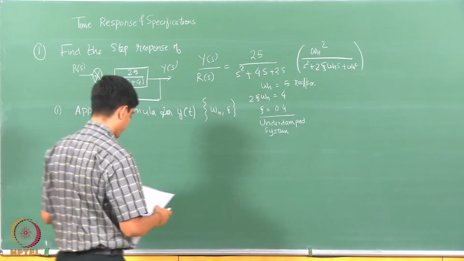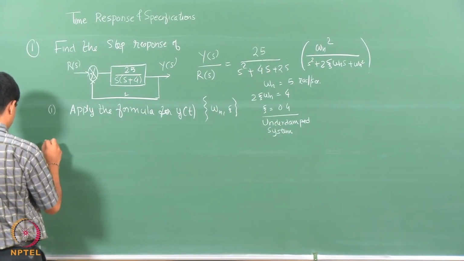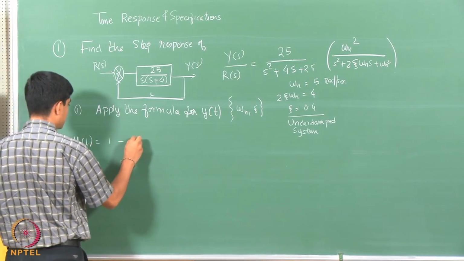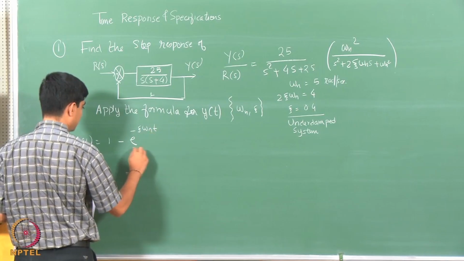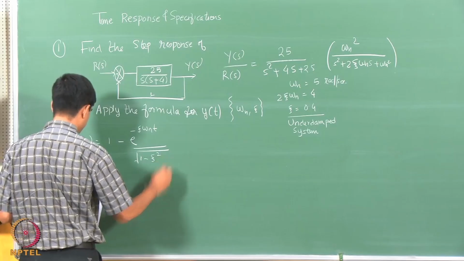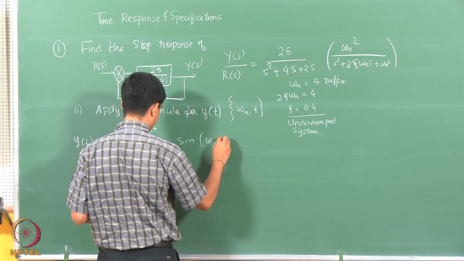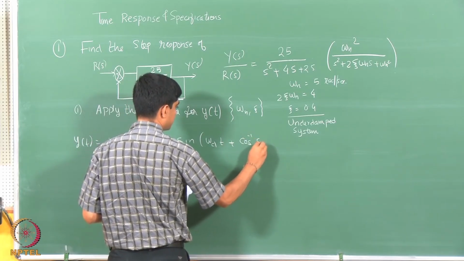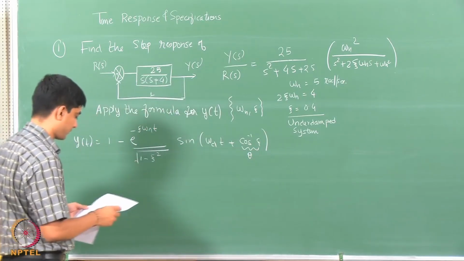Okay, and I know that the response looks like this. y(t) is 1 minus e power minus zeta omega n t over square root 1 minus zeta square, times sine of omega d t plus cos inverse zeta, which I had termed theta in my earlier classes, right.